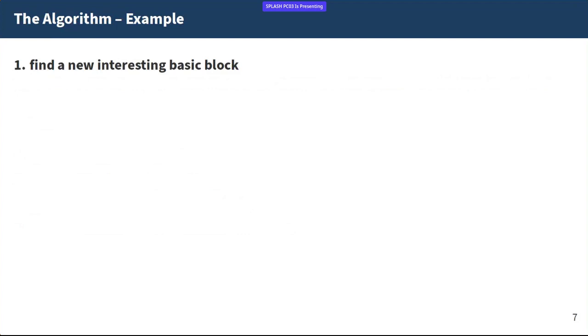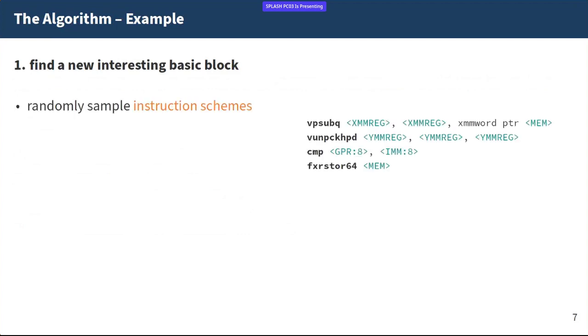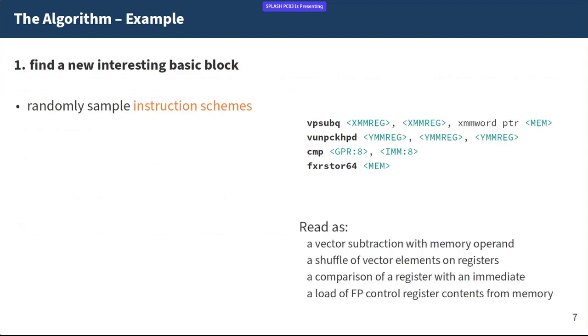First, for finding a new interesting basic block, we start by randomly sampling a list of instruction schemes. Instruction schemes are, well, machine instructions. However, instead of explicit operands like registers and the like, they have typed holes instead of these operands. So here, for example, again, don't worry too much about the semantics. Suffices to say that we have 4 x86 instruction schemes that we sampled here.